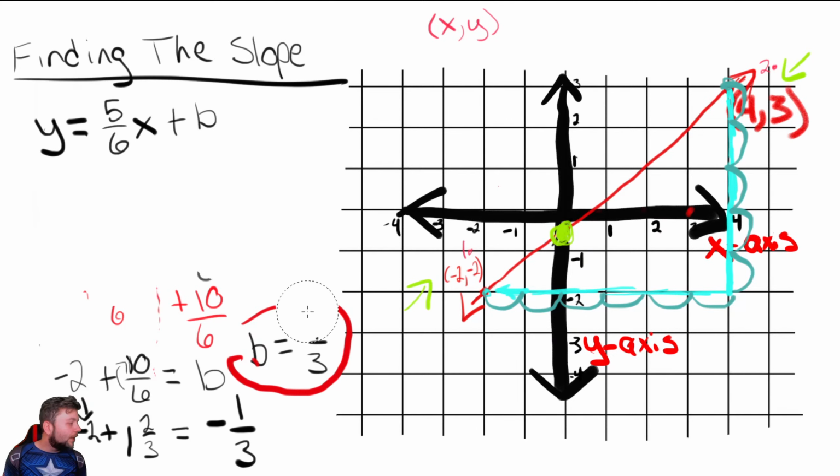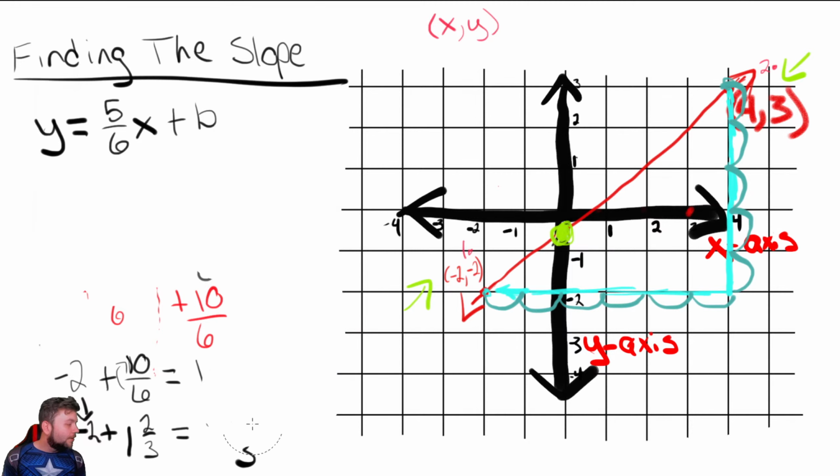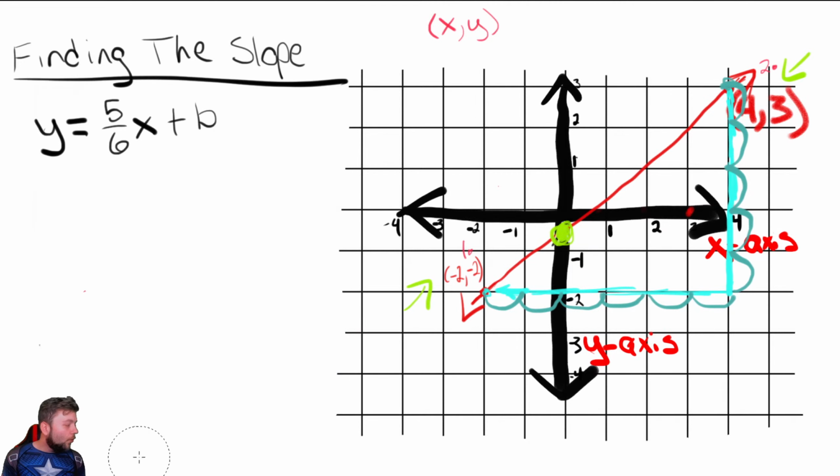If I were to rewrite the whole equation now, and we used our 2 points, we found our slope, so our answer would be y equals 5/6x plus, or we could just go with a -1/3.